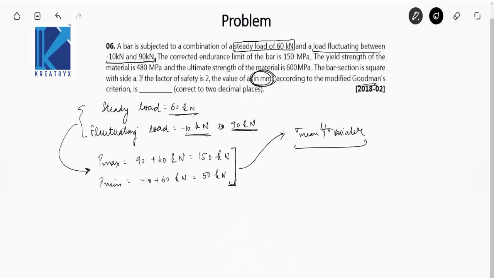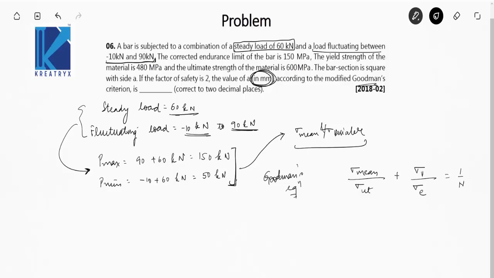So Goodman's equation is sigma mean upon sigma ut, that is ultimate strength, plus sigma variable upon sigma e, that is endurance strength, is equal to 1 by n.